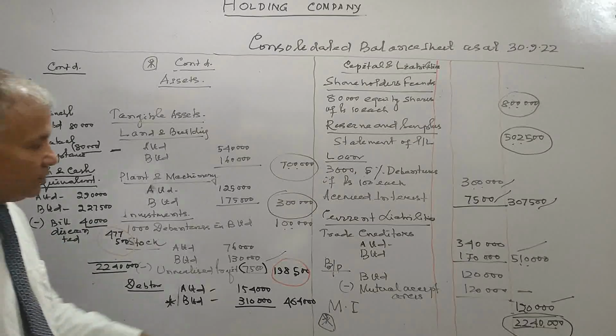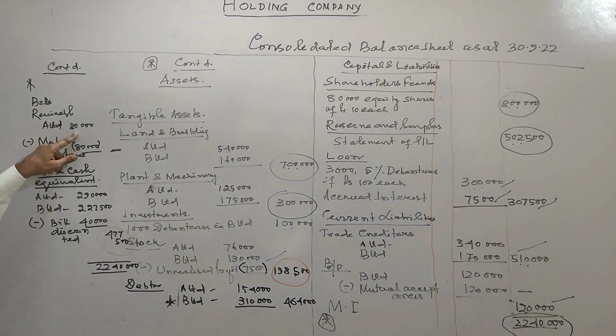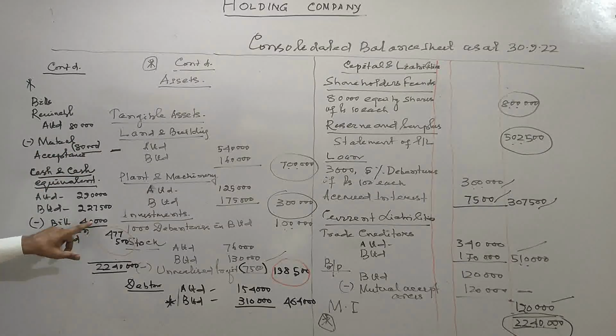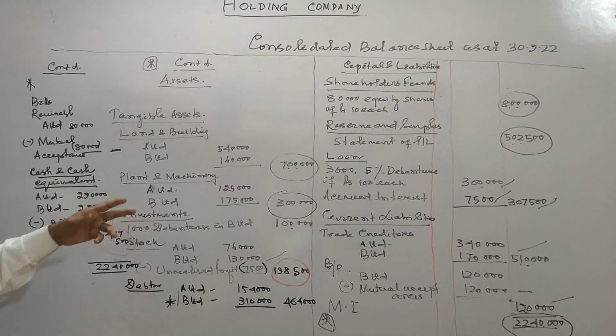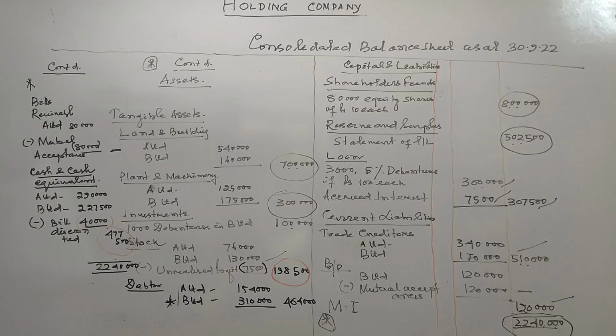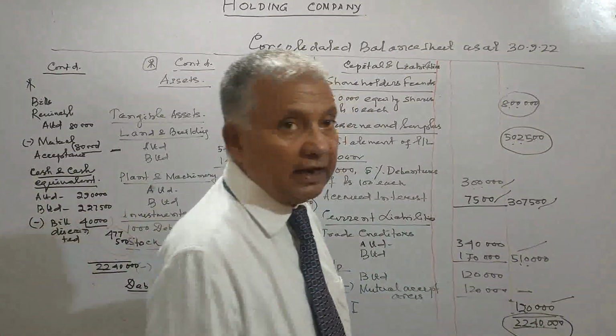Friends, the 1,20,000 bills payable is cancelled. This 1,20,000 is adjusted on the asset side as bills receivable 80,000 and the bill discounted, 40,000, deducted from the bank. So 80 plus 40 gives you 120. Similarly, the assets and liabilities both tally.